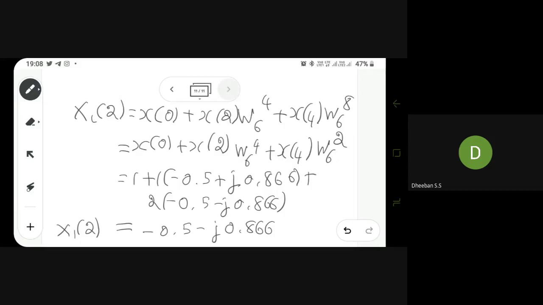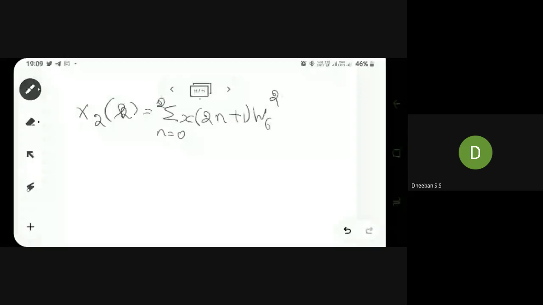Still there are another 3 samples. So it will be contributing to x2 of k, which is equal to summation n equal to 0 to 2. Okay, so this is for the odd signals, x of 2n plus 1 w6 2nk.